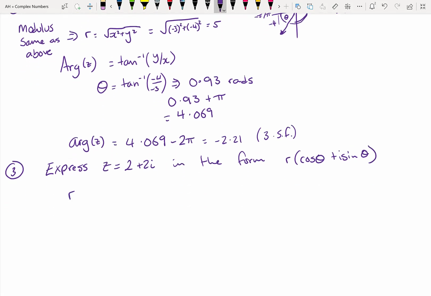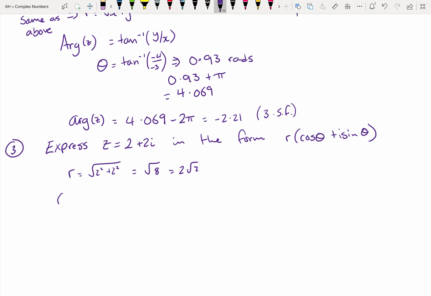So I want to find r. I can do the square root of 2 squared plus 2 squared, which is the square root of 8, which hopefully we know is 2 root 2. I'm going to find my angle, so that is the inverse tan of 2 over 2, 2 over 2 being 1, and so where is tan 1?